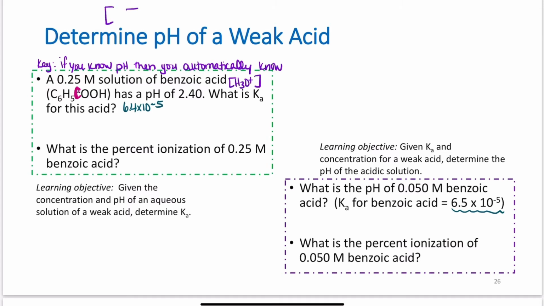And remember, these brackets mean concentration in molarity specifically. Now let's look at the next question.